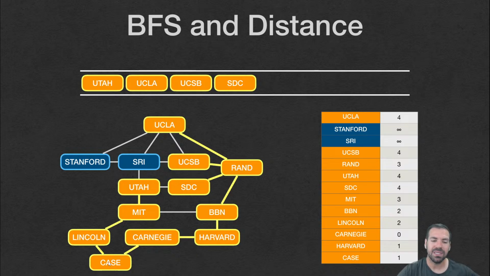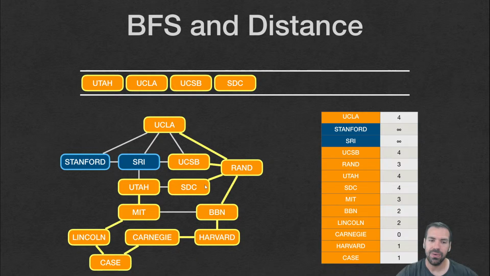And then as we're visiting them, when we enqueue nodes, we're enqueuing all the nodes of distance 2. But the first node of distance 2 that's enqueued is going to be after all of the nodes of distance 1. And we just visited all of the nodes of distance 3. We DQ'd MIT and RAND, the 2 nodes with distance 3.